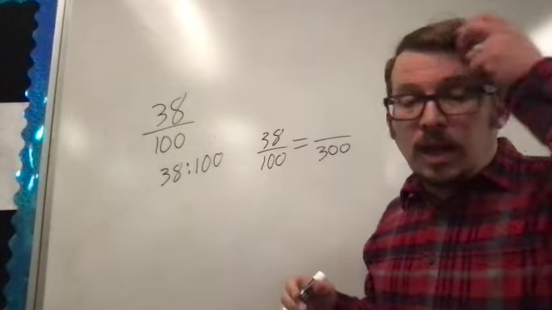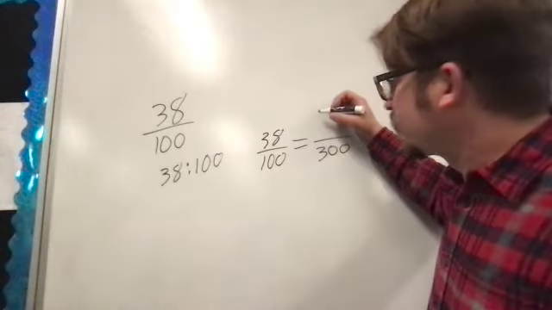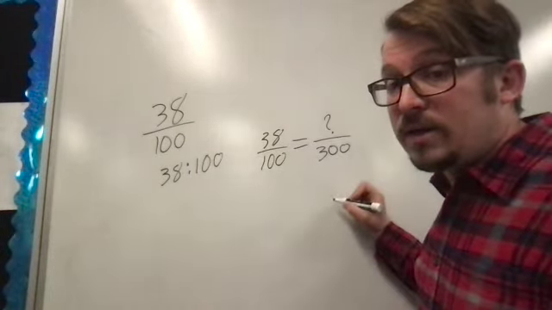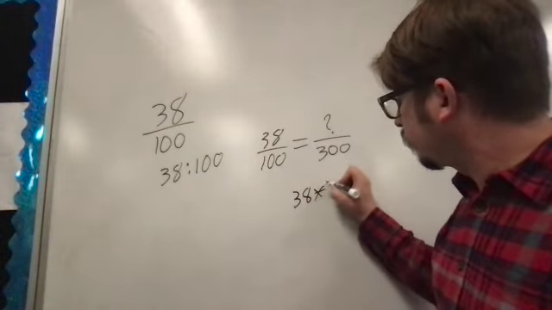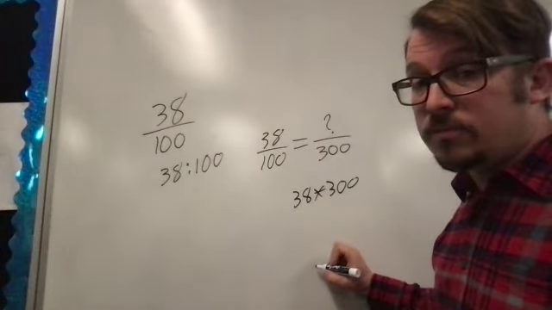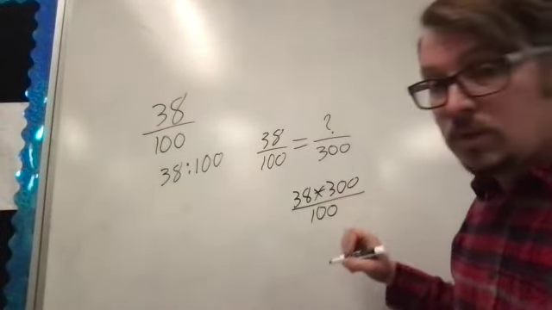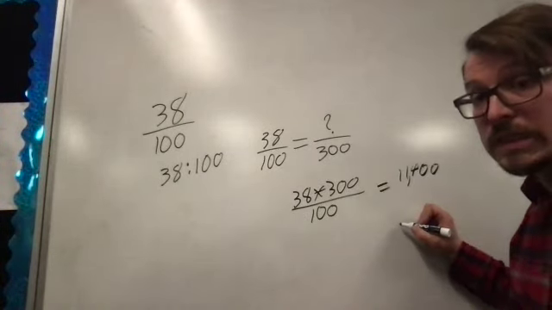Okay, how do we solve that? That's cool. We got this under control. That mystery number right there, we can find that by cross-multiplying and then dividing by the other number. So 38 times 3, 11,400.